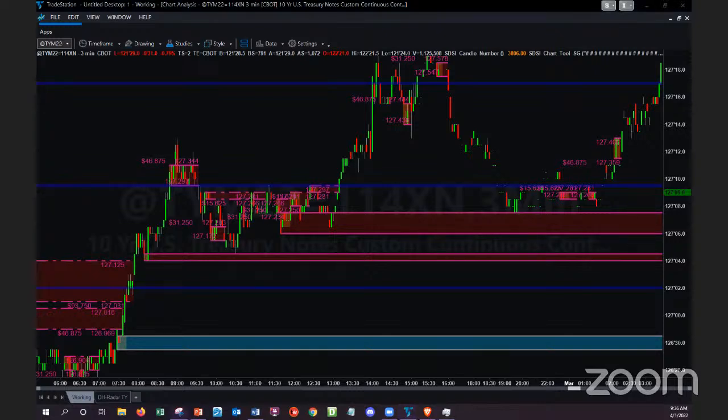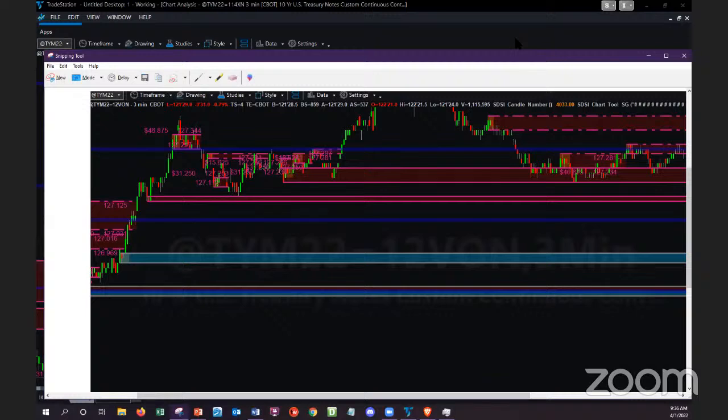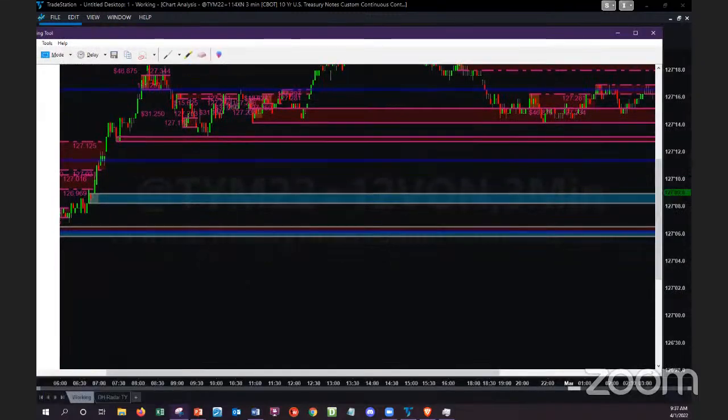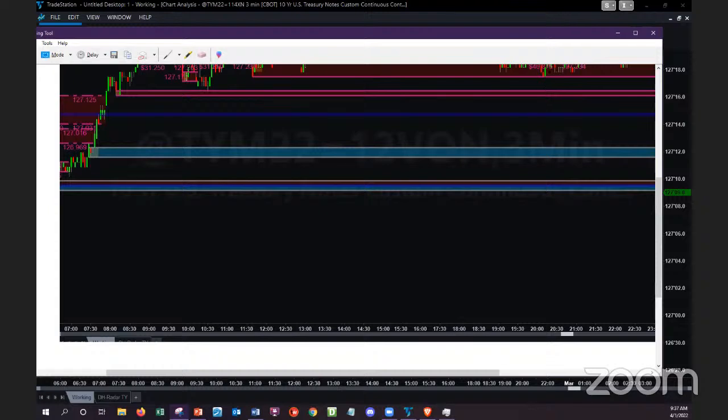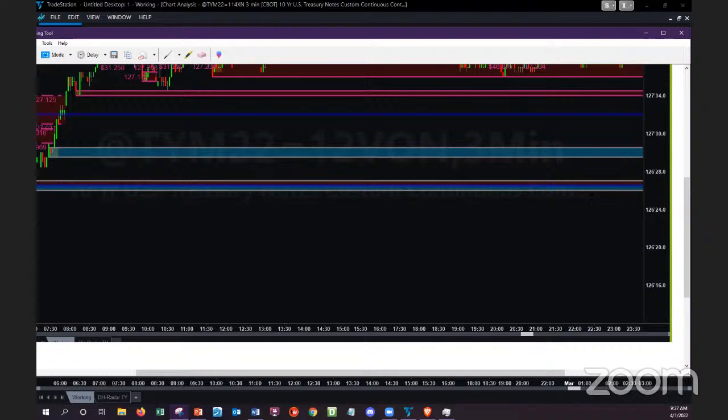And you can see, let's see here. Okay, so we have a band right in here, it's going to be about 126. Well, that's interesting.